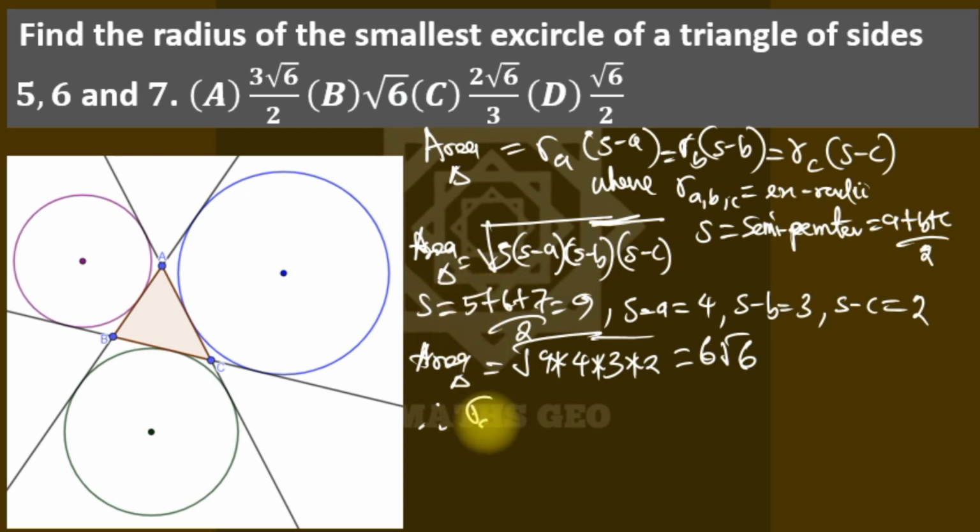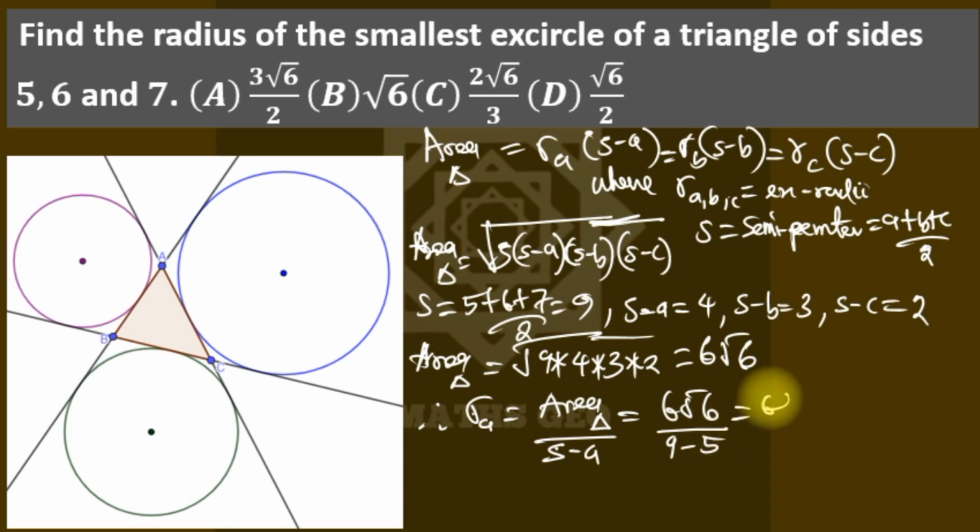Let's take R subscript A. So we have the area of the triangle over (S minus A), which is 6 root 6 over (9 minus 5), which is 6 root 6 over 4. So I have 3 over 2 root 6. So that's our answer, option A. It's a very tricky question.